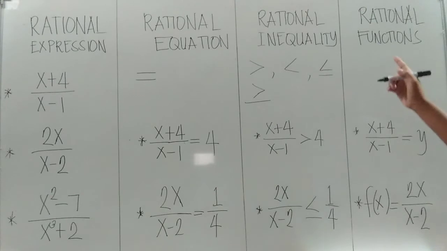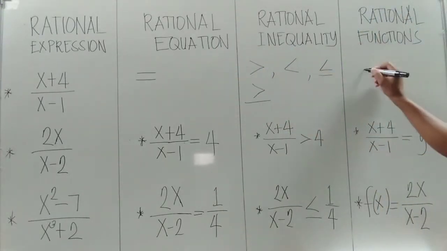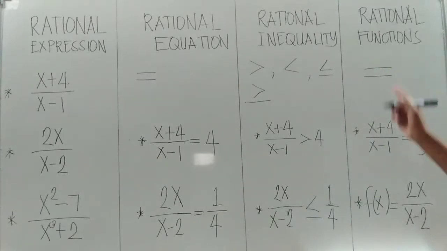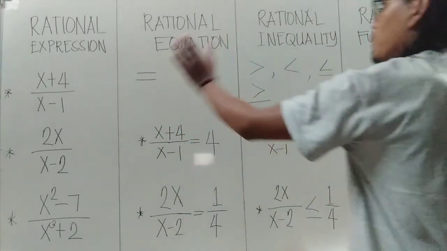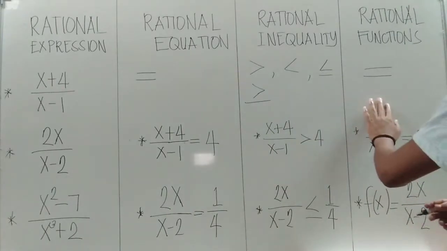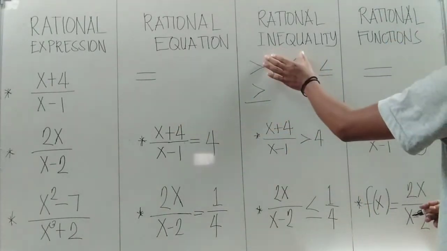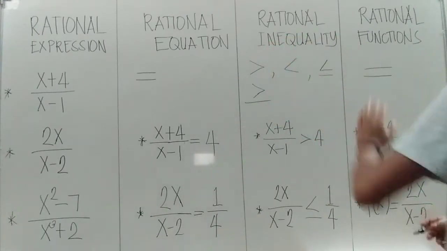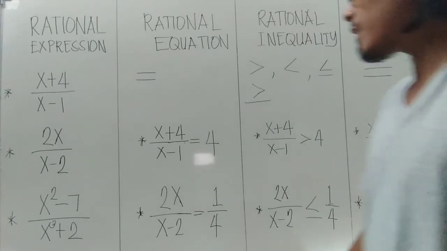And your function is below your rational equation because the function also uses the equal symbol. Later on we can distinguish the difference between a rational equation and a rational function. Of course, it is easy to identify a rational inequality due to its symbol. Okay, let us proceed.